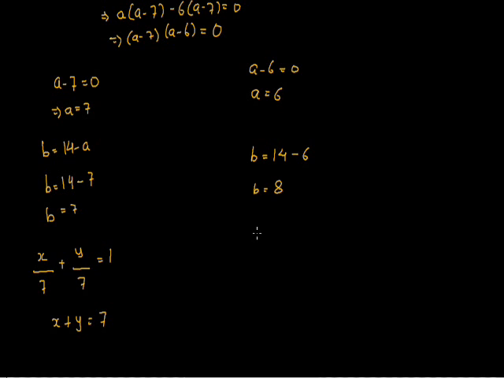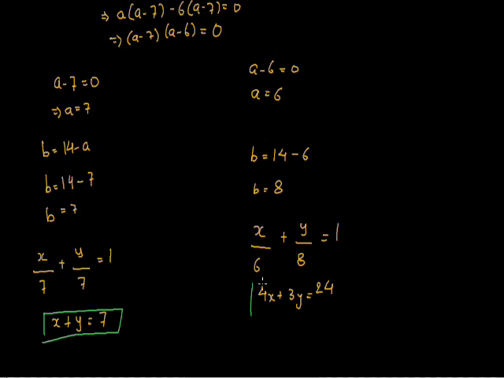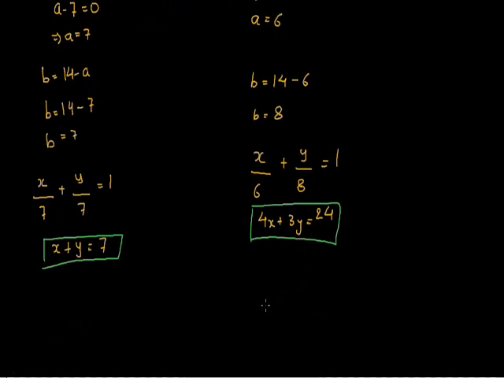In the second case, I'll substitute the value of A equal to 6 and B equal to 8 in our equation number 1. I'll get x upon 6 plus y upon 8 is equal to 1. Again, taking LCM of this, I'll get 4x plus 3y is equal to 24, the required equation of the line which we were asked to find.